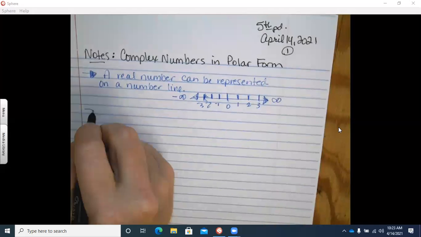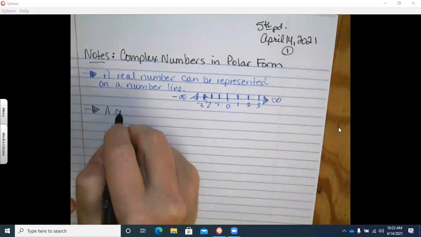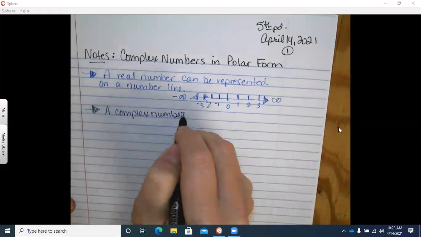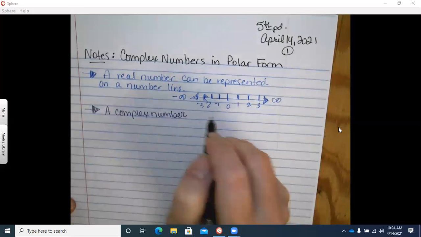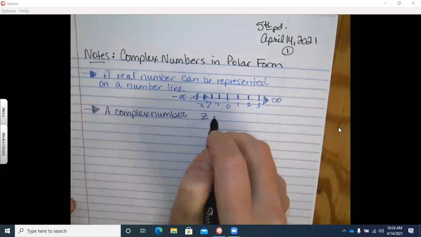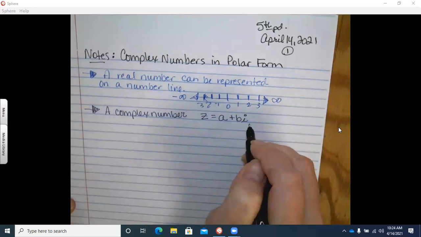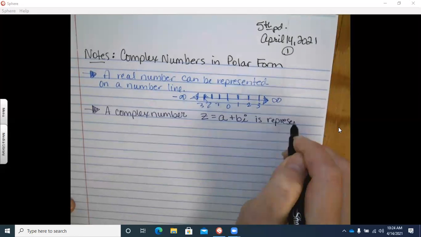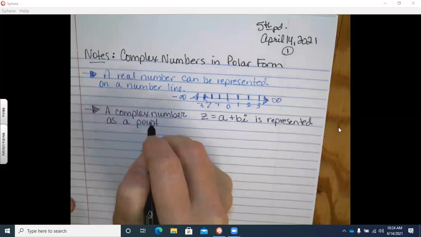A complex number z equals a plus bi is represented as a point (a, b) in a coordinate plane.